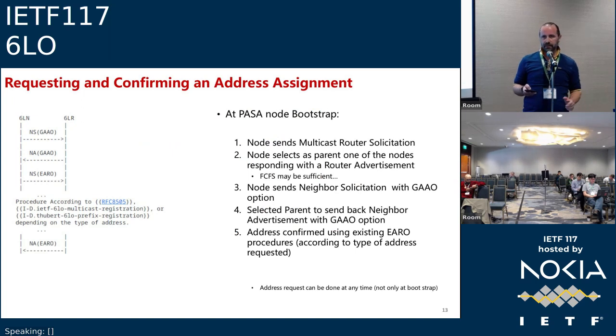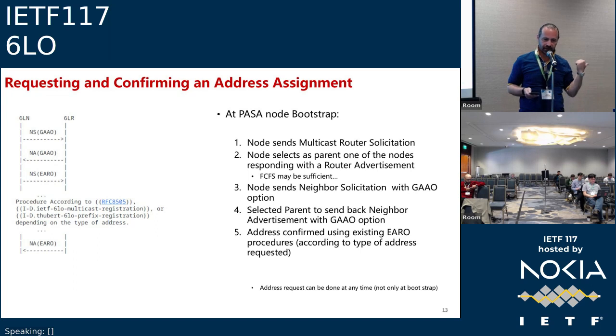Which means that basically what we have now is a generic procedure: when a node comes up, it can send a neighbor solicitation with the GAU option, receive the neighbor advertisement telling it, I propose you this address, and then you use existing machinery without any change in order to register the address of your choice.